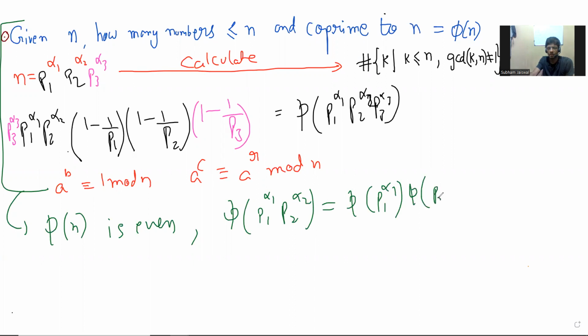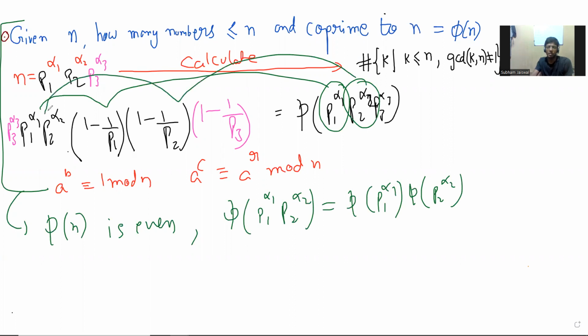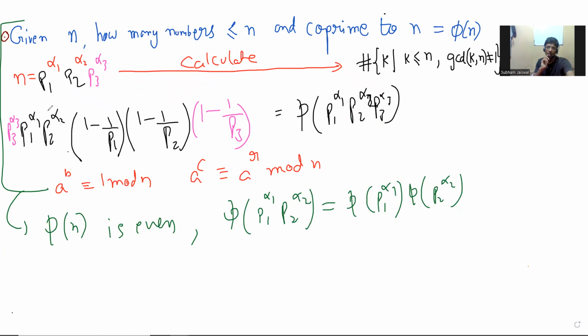Obviously you can see it in the formula also, right? As I was saying, you do it for p1 to the power alpha 1, and for p2 to the power alpha 2, you will get these answers. But then doing it for the product seems like you're just finding it for the separate things and multiplying, right? That is a very, very interesting thing. So this is what I called a multiplicative function. So this is another thing that seems to be true.